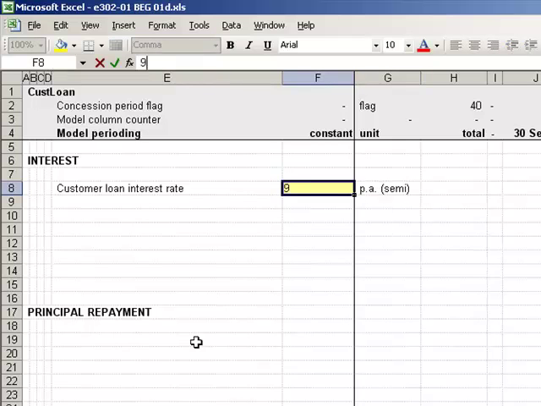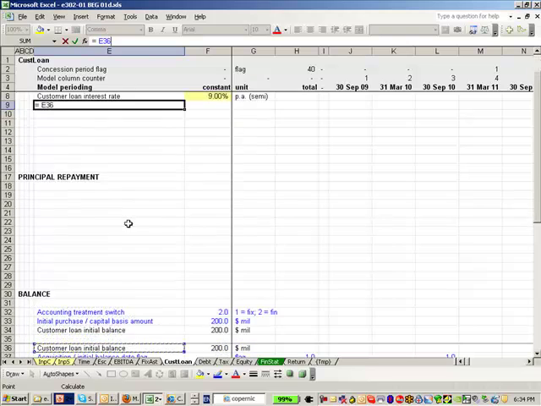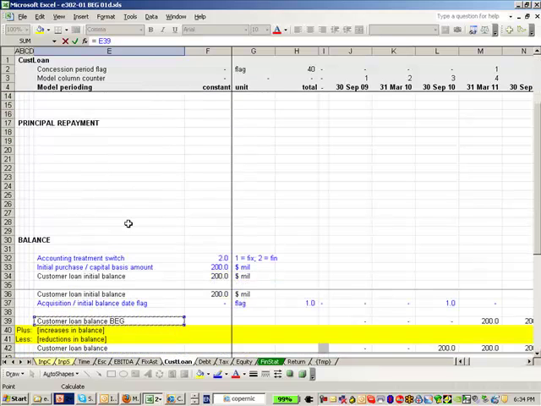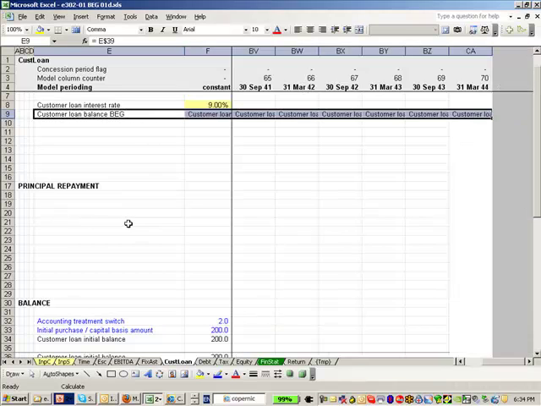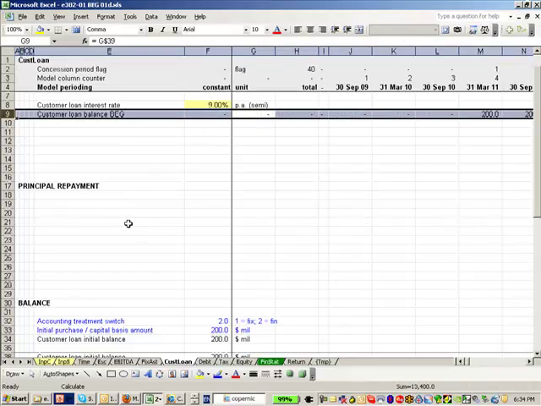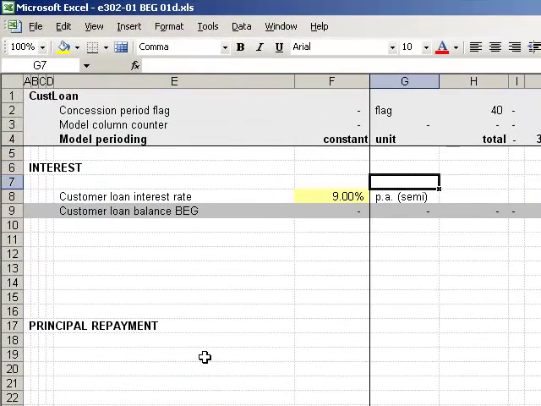And I'm just going to go ahead and throw in a 9% as a maybe typical rate. We're going to apply that on the brought forward balance of the customer loan. So let me create a link down to that. And because that's a link from later in the book, you guys will know, we'll mark that as a counterflow.